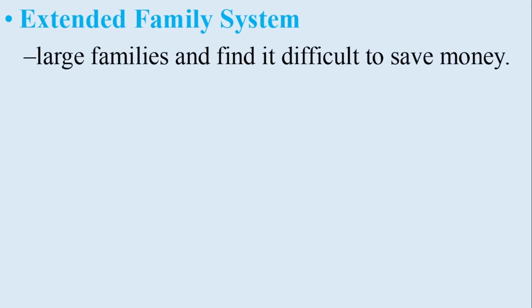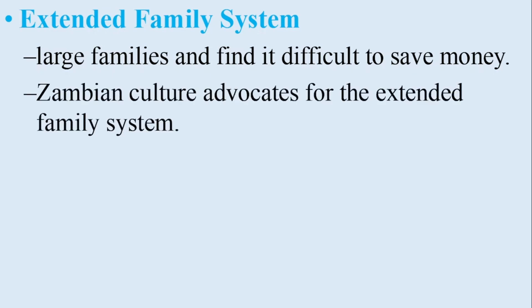The other point is the extended family system. Now, when we look at Zambia, it encourages the extended family system. It's an African thing. But as we do that, we find ourselves having huge numbers of members in a family, and this makes it difficult for us to save. As much as we advocate for this type of family system, it also hinders us from having capital for investment.